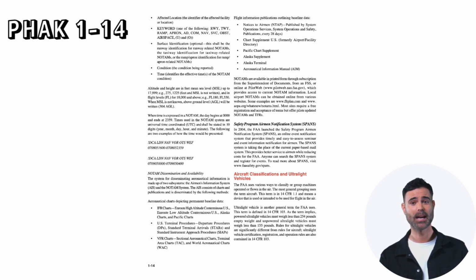This shall be the runway identification for runway-related NOTAMs, the taxiway identification for taxiway-related NOTAMs, or the ramp apron identification for ramp apron-related NOTAMs. Condition, the condition being reported. Time identifies the effective time of the NOTAM condition.